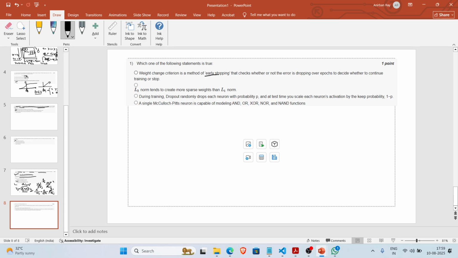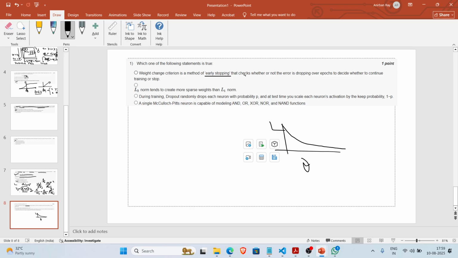So what happens in early stopping? Your loss with respect to theta is falling. It gets to such a point that the loss is low enough, you can stop the training. That is called early stopping.